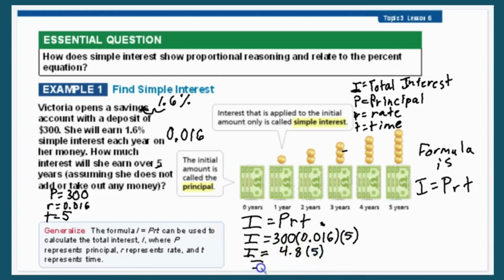And I will end up with I equaling 24. So after 5 years of leaving the money alone, Victoria will make $24 if she just leaves the $300 in there with a 1.6% simple interest rate. Okay? Go ahead and pause it if you need to write everything down. But from here on, we are moving out.